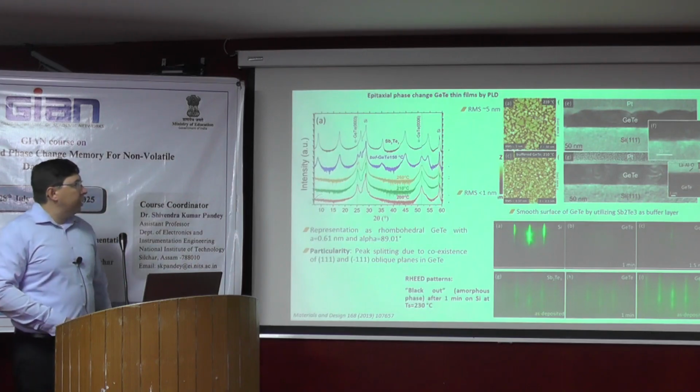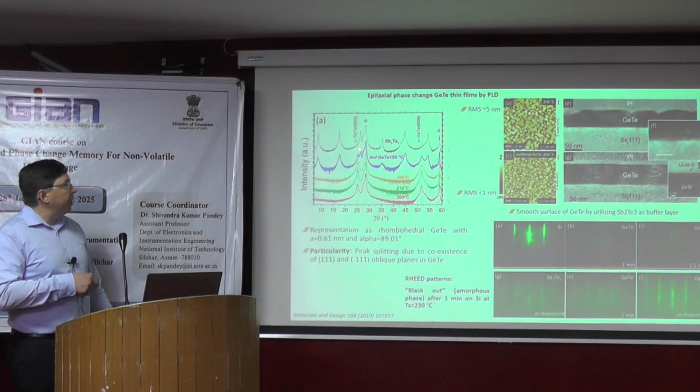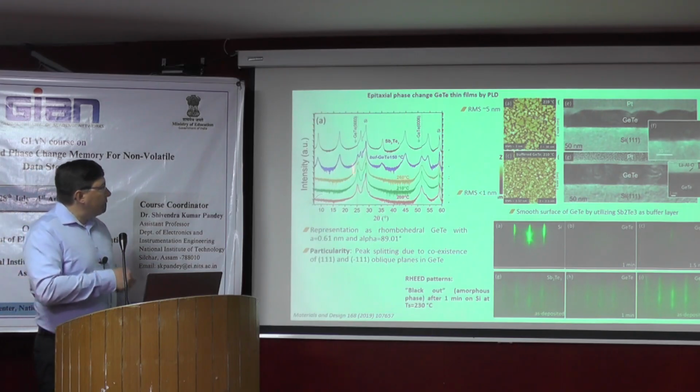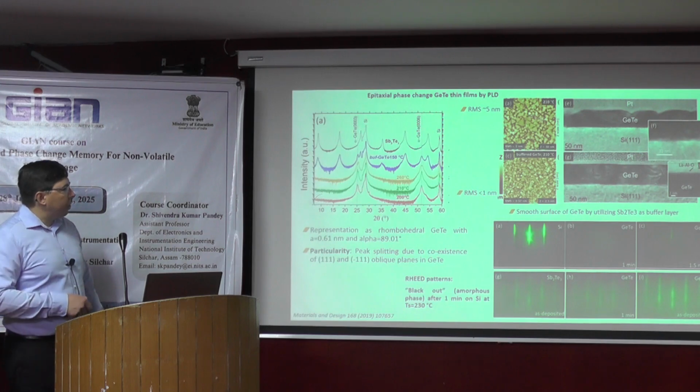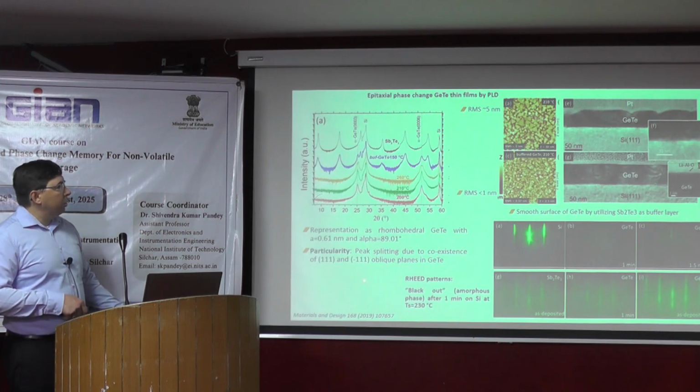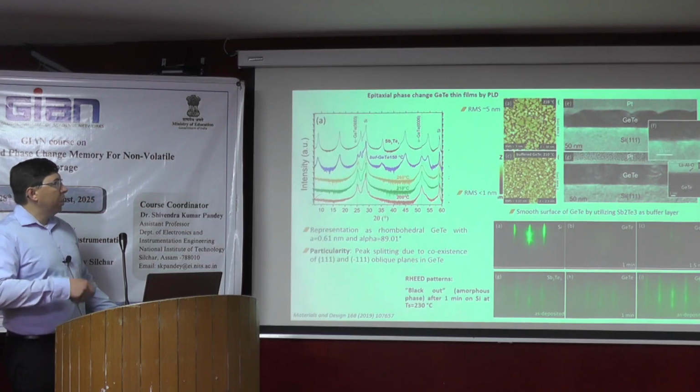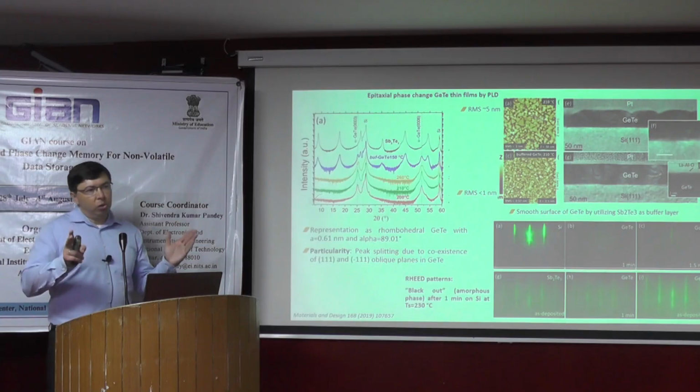And it brings about that you can sometimes find in the X-ray diffraction pattern a splitting of the 111 or 00 reflections. So this is actually C growth, and you have a splitting of these reflections. This is because, due to this rhombohedral unit cell, you have a splitting of 111 and -111 oblique planes in germanium telluride, and it brings you to the formation of two peaks.